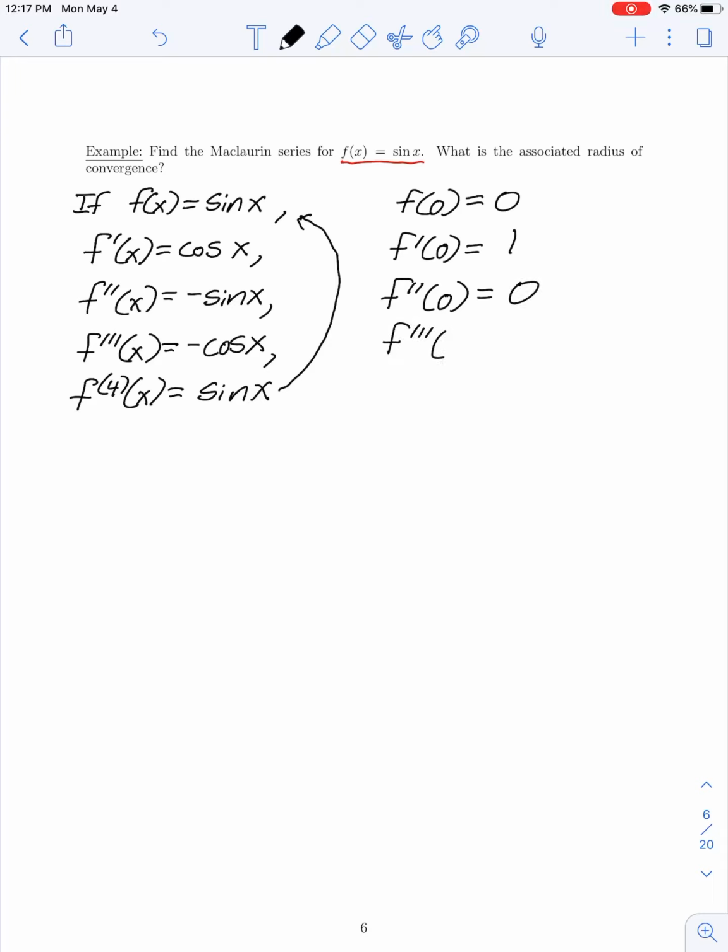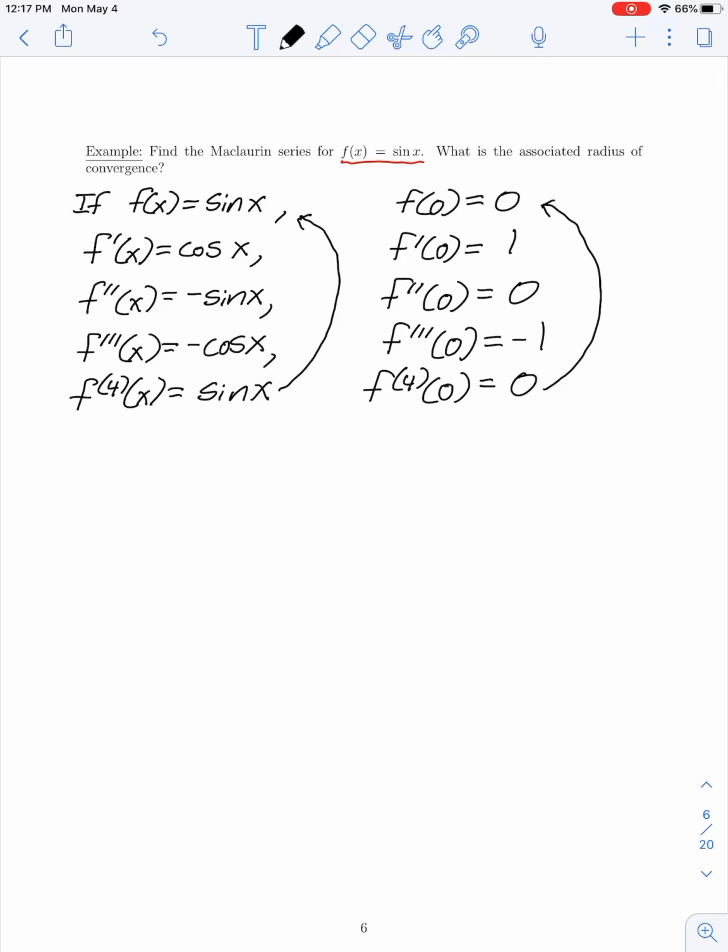Our third derivative at 0 is negative cosine of 0, which would be negative 1. And then our fourth derivative at 0 is sine of 0, which is 0, and that pattern will repeat since our derivatives were cycling through the same four functions over and over. The values of these derivatives at x equals 0 will cycle through the same values: 0, 1, 0, negative 1, 0, 1, 0, negative 1, and so on.